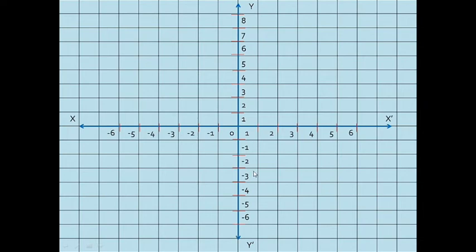Now what is given? The first point in the table is x given as -2. Here it is x is -2, and y is given as 8. 8 is positive, so here it is 8.